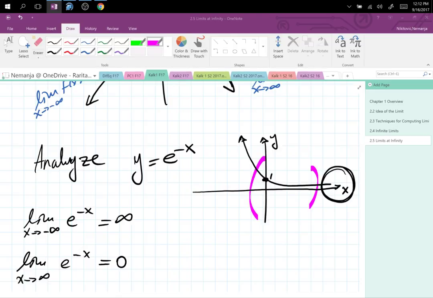End behavior of the function considers what's happening at the end of the function. So both of these concepts are only considering the very ends of the function, leaving the middle portion of the function completely detached to horizontal asymptotes and end behavior.